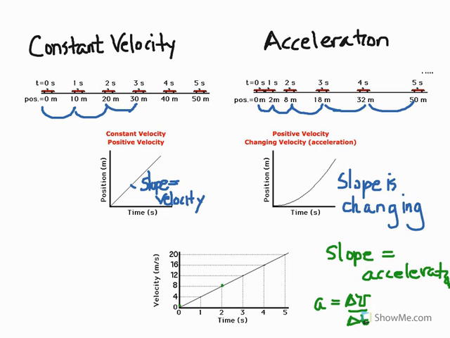Now it's easy to make your initial time 0 because it'll make the math easier. So I'm going to look at my final velocity, which was 8 meters per second, minus my initial velocity, which we said was 0, divided by the time. The final time was 2 seconds minus the initial time, which was 0.